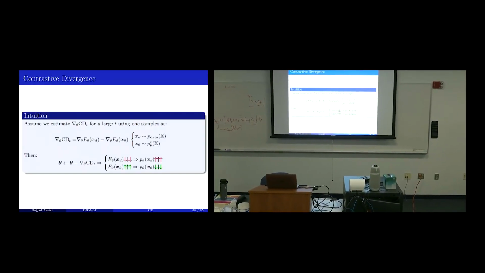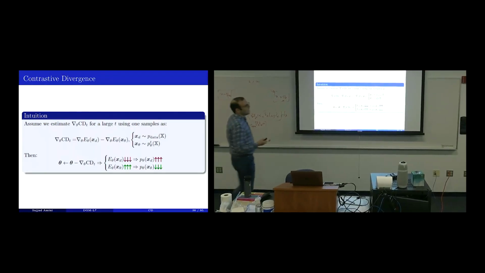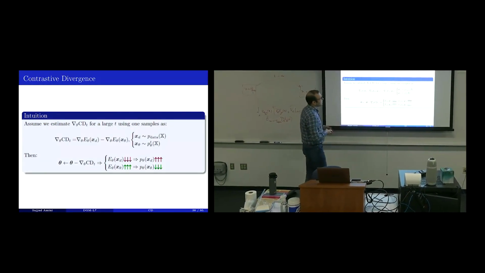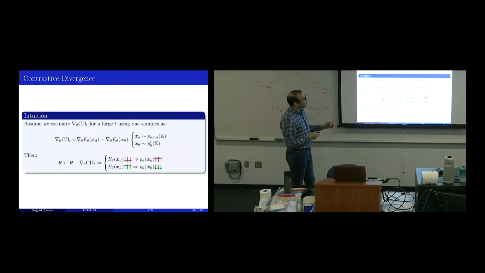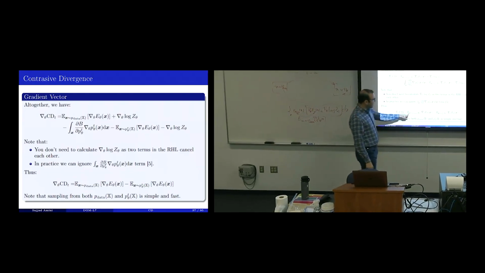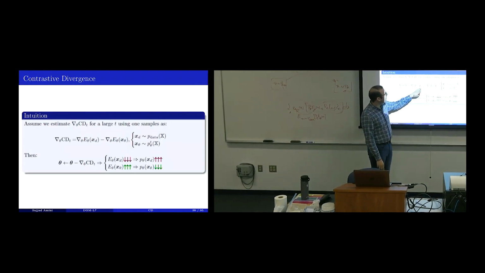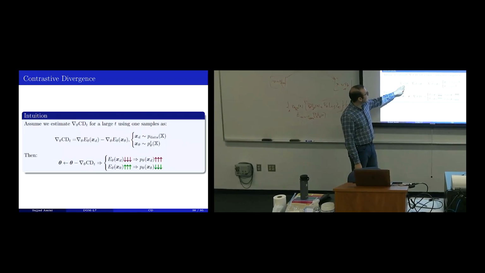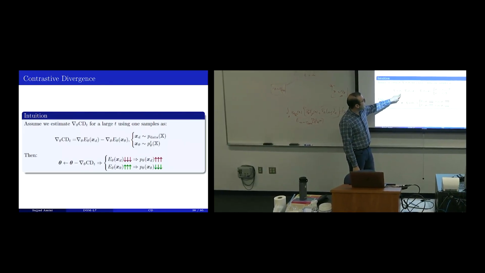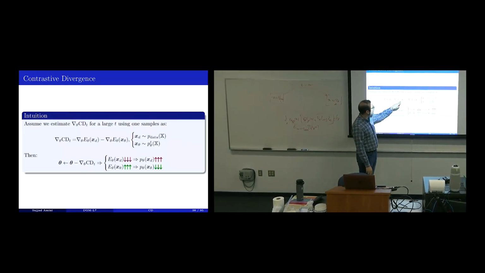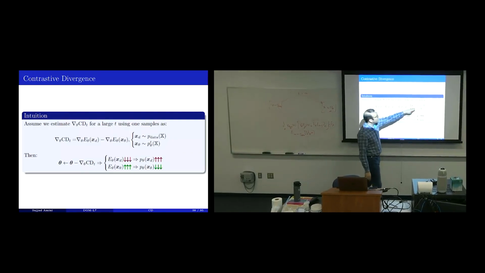Okay. So let's think of CD in the new form. Assume that I replace these two expectations with just one sample. Then I have something like this. The gradient of the CD with respect to the model parameters is the gradient of energy with respect to the model for data coming from the data.